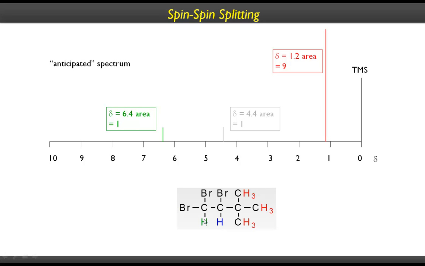This hydrogen is different from this hydrogen because this is housed on a carbon that has only 1 bromine, whereas this is housed on a carbon that accommodates 2 bromines. So the chemical shift of this is different from this one. Chemically, and so magnetically, this is different from this one, and that's the reason why you see 2 different peaks.